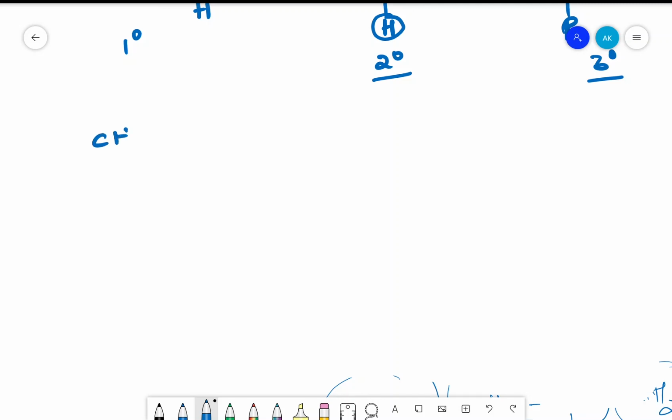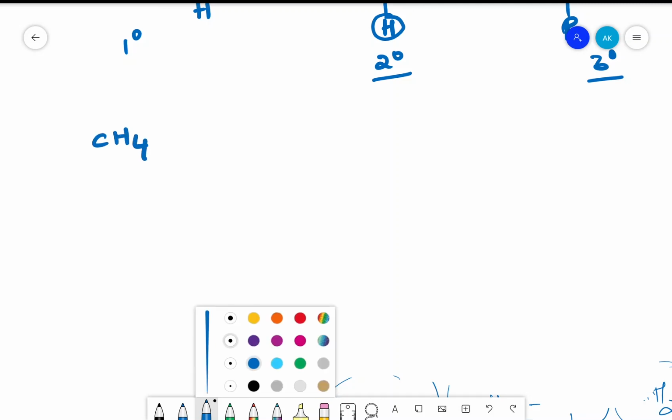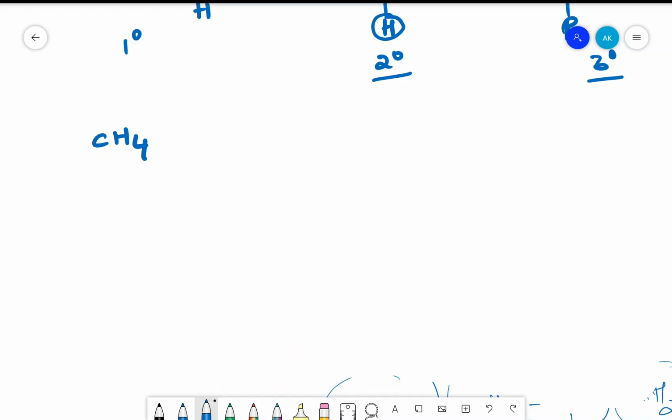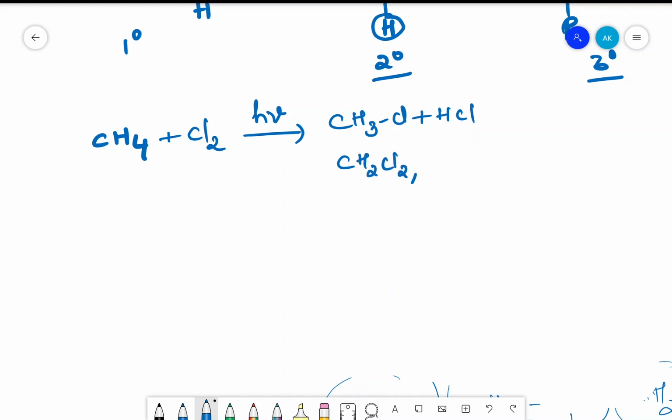If I take CH4 and react it with halogen in the presence of hv, that is sunlight, it gives us CH3Cl plus HCl, and further it will give us CH2Cl2, CHCl3 or CCl4.